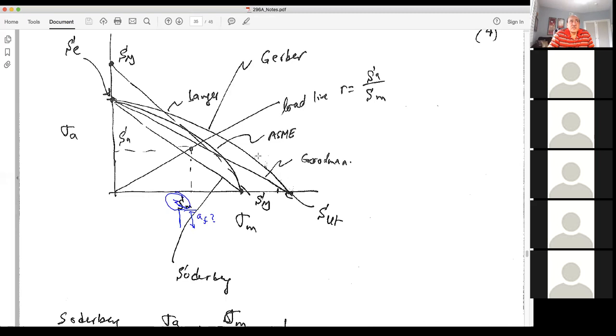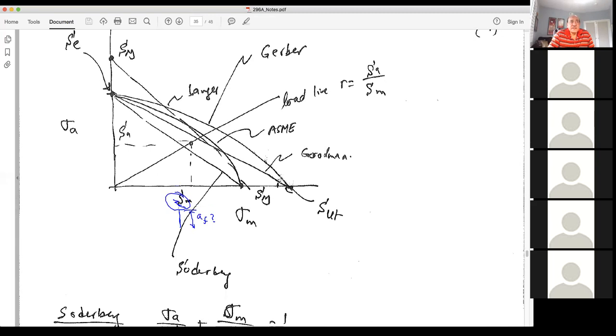And then the other one is Gerber, which is a parabola, and again, it expands the modified Goodman. So Soderberg linear, modified Goodman linear, then the ASME expands Soderberg, and the Gerber expands the modified Goodman.